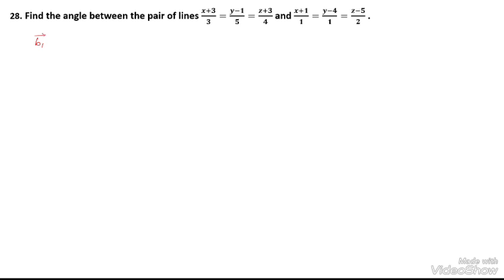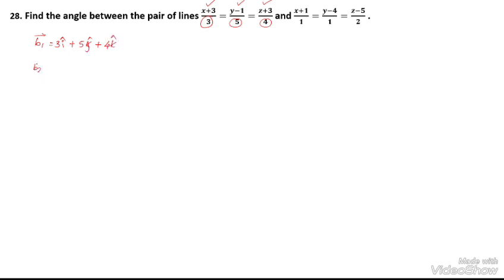The lines are given along the x-axis, y-axis and z-axis, so we have to take the denominator values in vector form. Vector B1 is 3i cap plus 5j cap plus 4k cap.